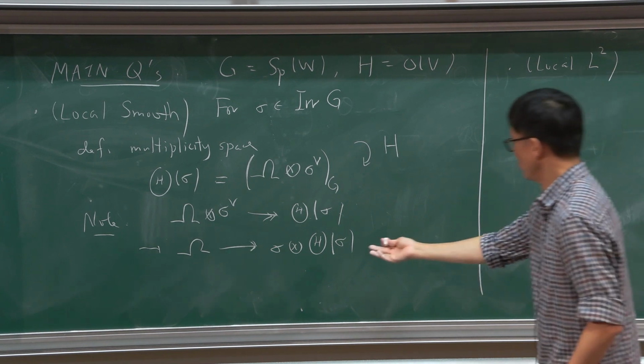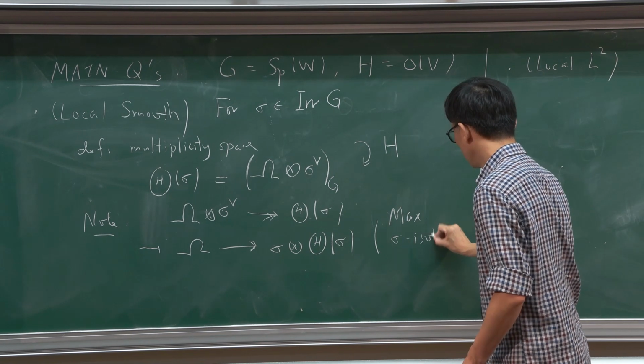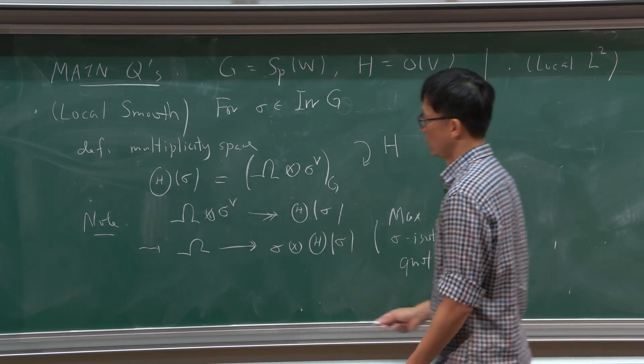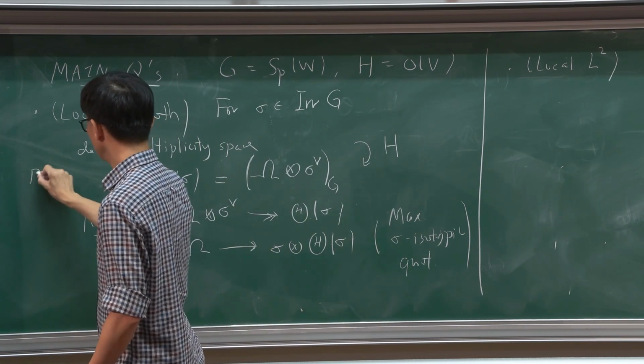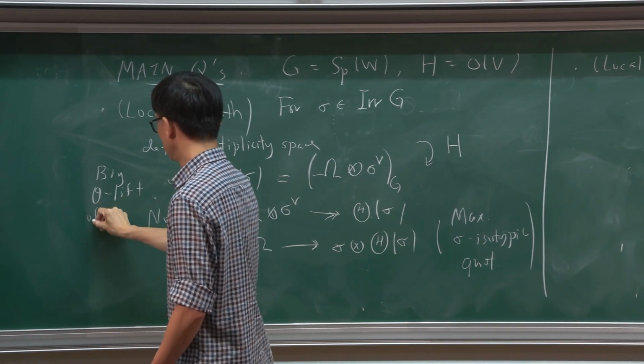This quotient is in fact the maximal sigma-isotypic quotient, and for simplicity I call this the big theta lift of sigma.